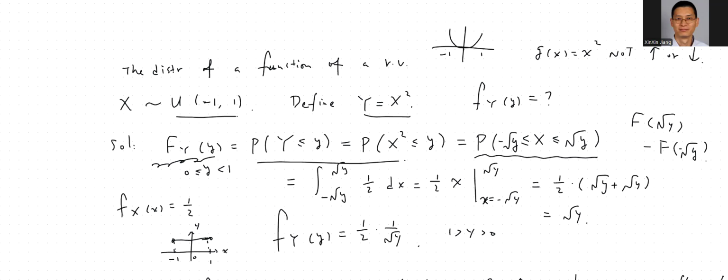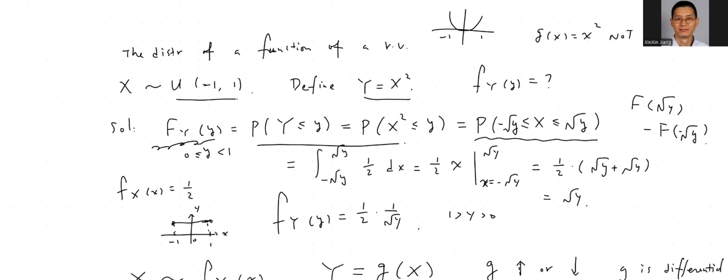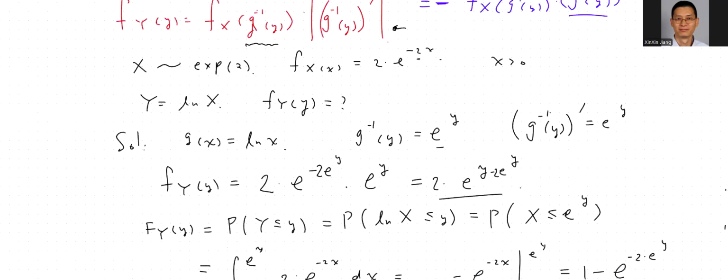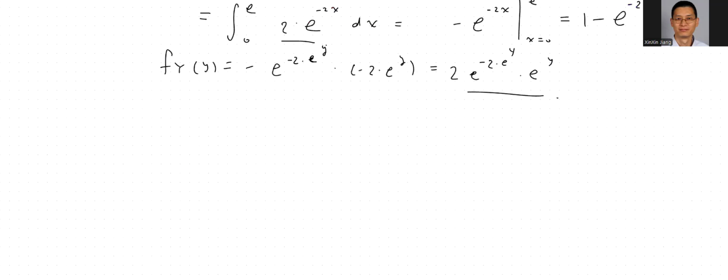Okay. Sometimes if the uniform distribution is on an asymmetric interval, then the problem gets more complicated.